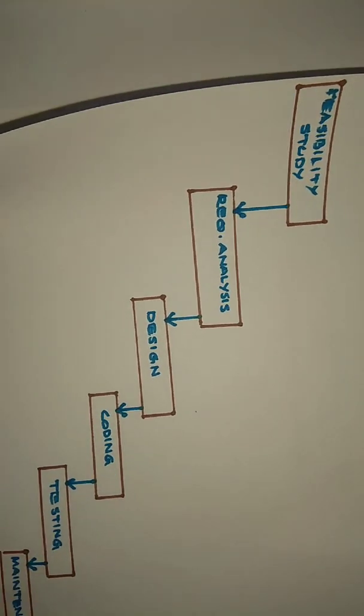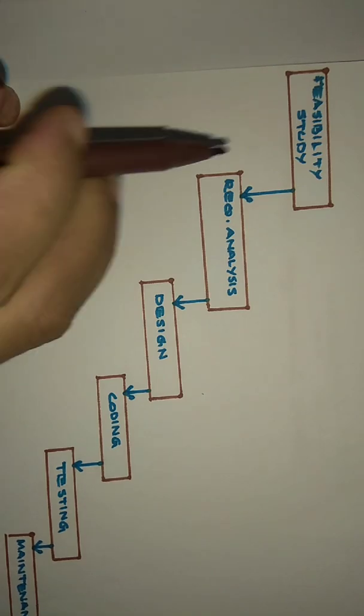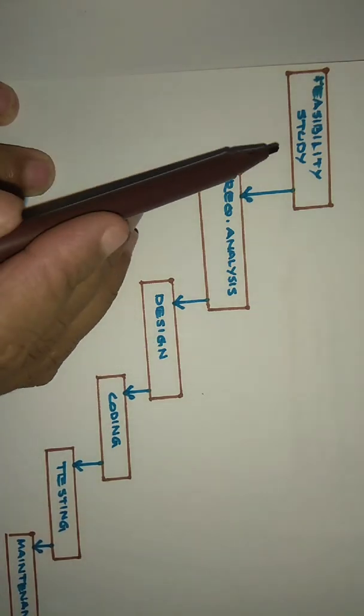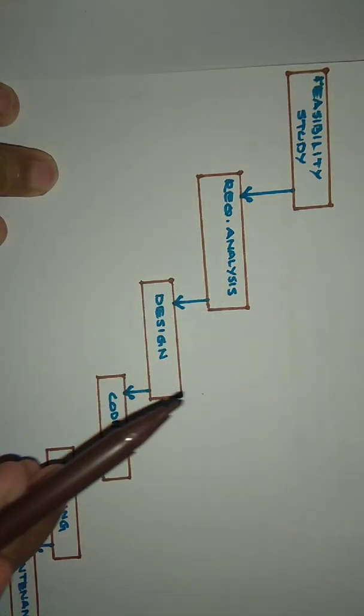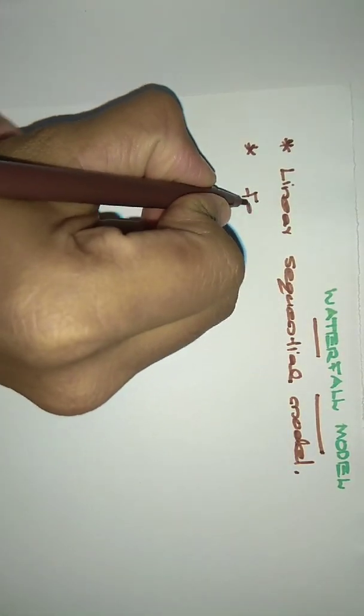These are the different stages of the waterfall model. We have six different stages: feasibility study, requirement analysis, design, coding, testing, and maintenance.